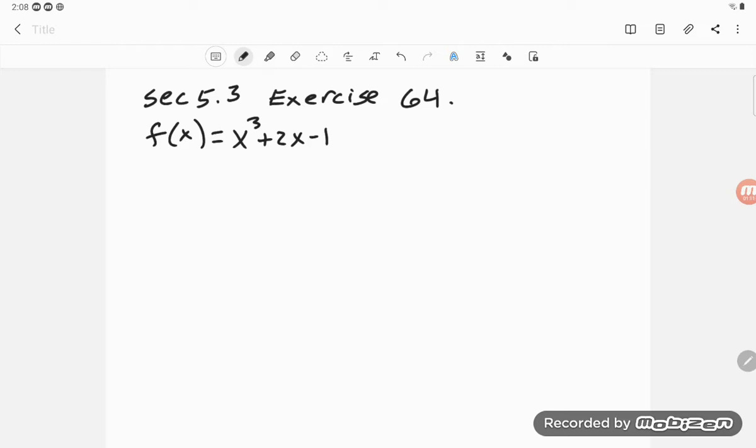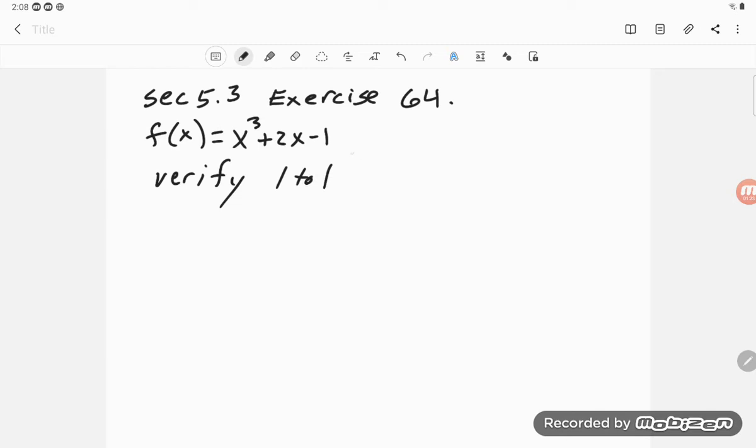So I know it's a cubic, and so verify 1 to 1. Okay, so that we know it does have an inverse.